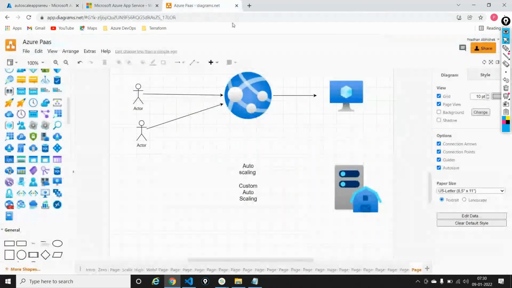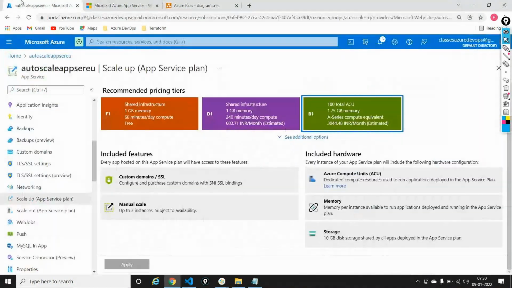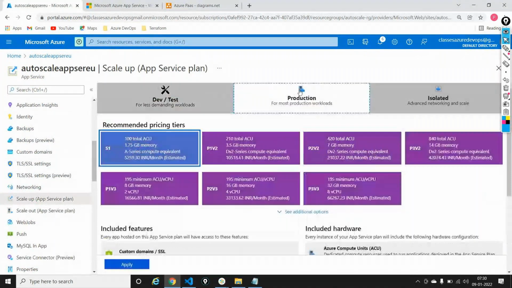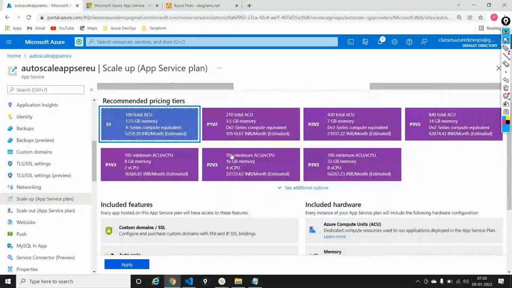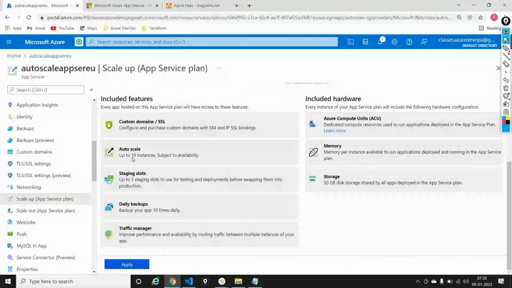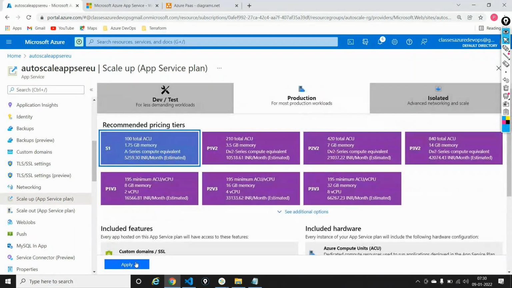Apart from that, you cannot go higher. So let me scale myself up to S1. If I scroll down, it says autoscale, not manual scale, up to 10 instances subject to availability. Let's say apply.